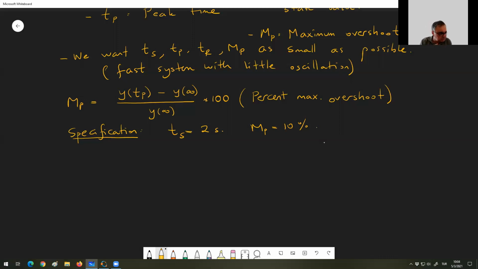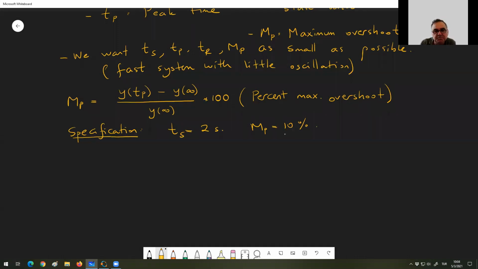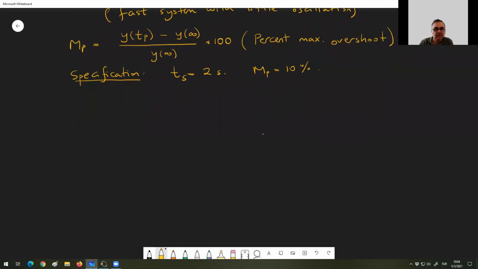As we said, there is no general formula for these specifications. These specifications cannot be defined for general systems, but we can define them for second order systems, in terms of the system parameters, okay?